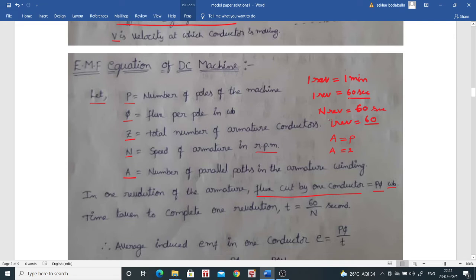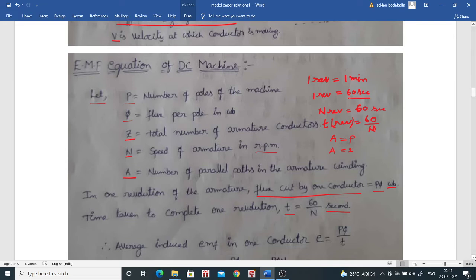So this is the time taken to complete one revolution, T per revolution, that is 60 by n. So in 60 by n seconds, the rotor will complete one revolution. So the time taken to complete one revolution is given by T is equal to 60 by n seconds.